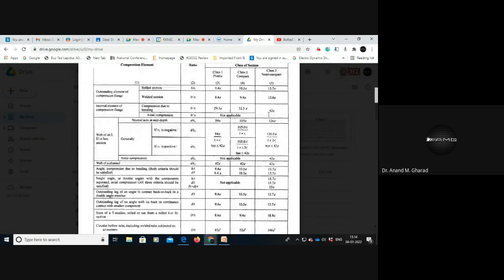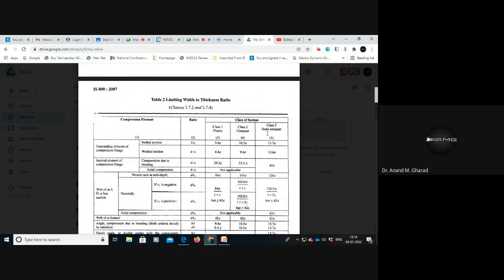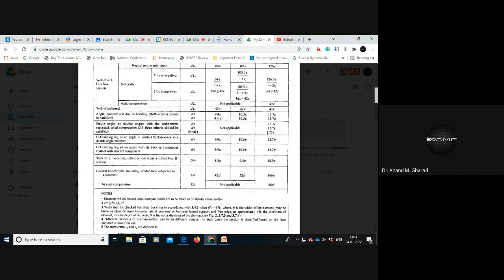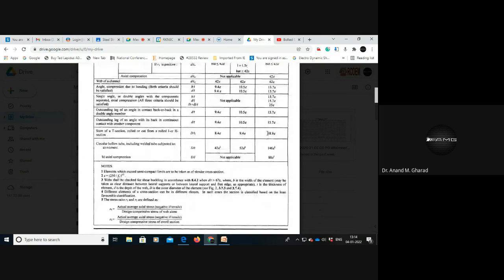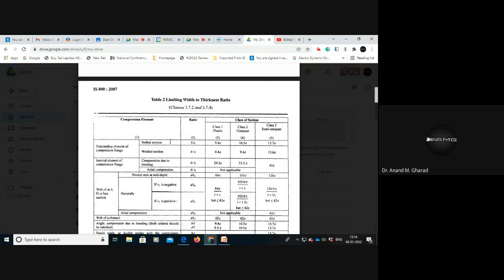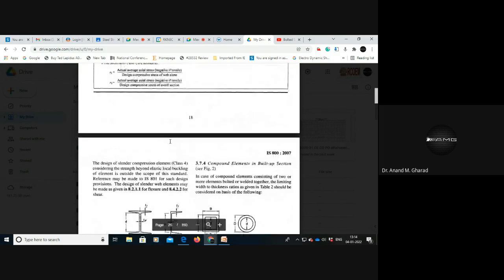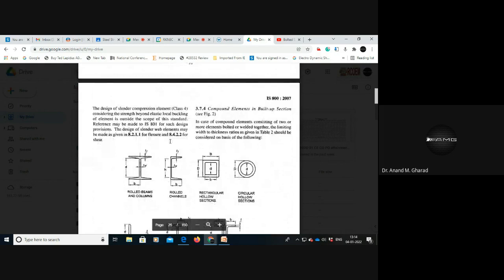Okay, so this semi-compact section you can correlate to your working stress design. Okay, these are just the glimpses. We will be using all these tables, all the references, whenever we will be solving various numericals. Okay, yes.